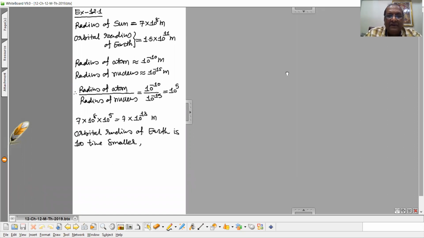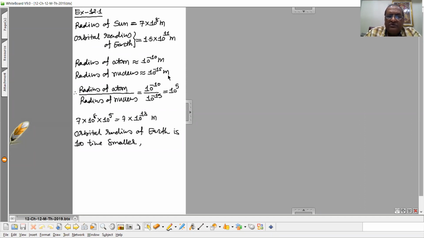See, the radius of the Sun is 7 into 10 raised to 8 meter, and the orbital radius of Earth is 1.5 into 10 raised to 11 meter. Now the radius of the atom is 10 raised to minus 10 meter, and the radius of the nucleus is 10 raised to minus 15 meter.